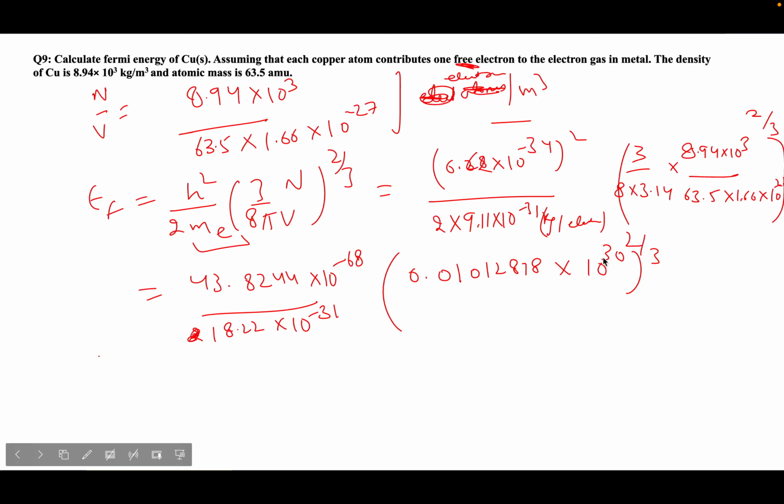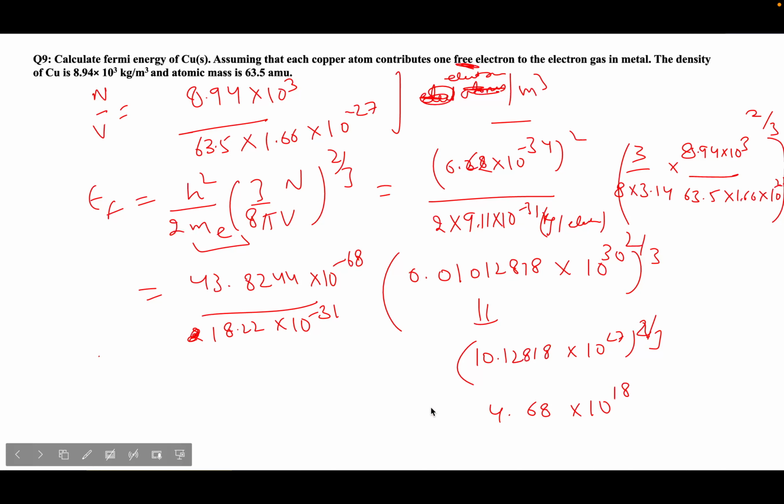Multiplying with 3 zeros here, this becomes 10.12818 into 10 to the power 27, to the power 2 by 3. Taking the square and cube root, this is 4.68 into 10 to the power 18.